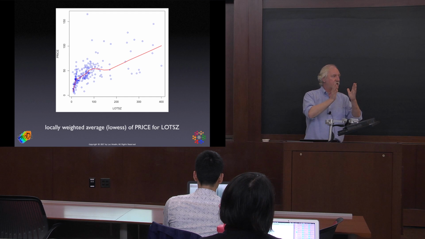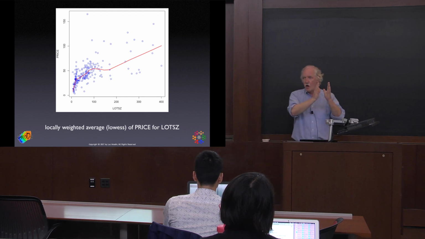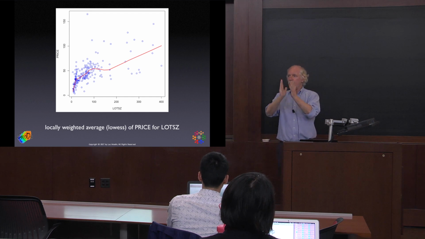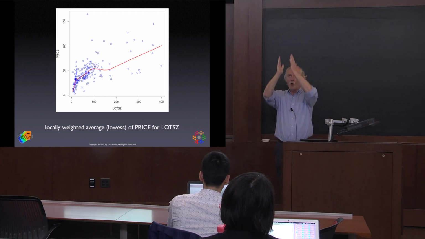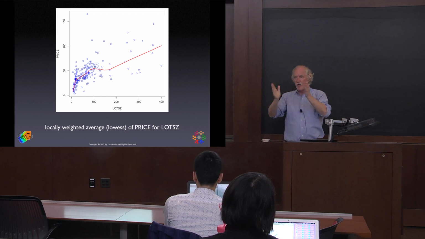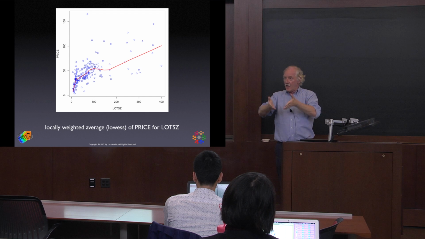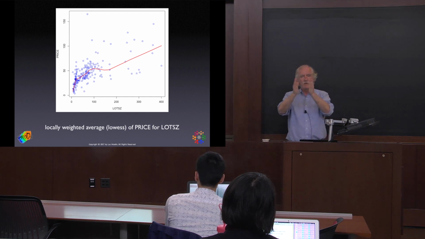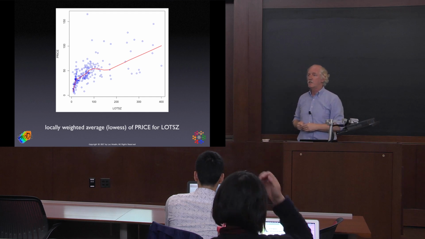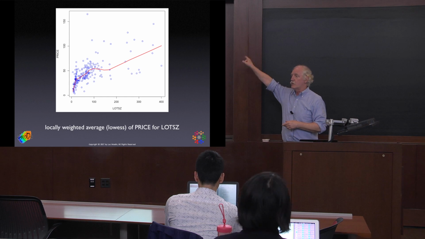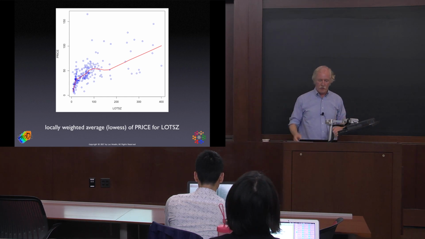You can think of it as a moving window along the x-axis, focused on different values of x, taking into account all the y's in the band, but counting the ones for the x's that are further away less than the ones that are closer by. For every one of these little windows, you have a different estimate of the weighted average y, and that gives you your local regression curve.